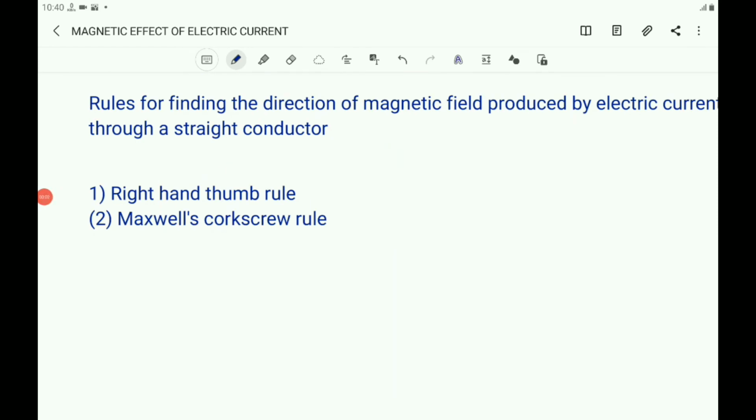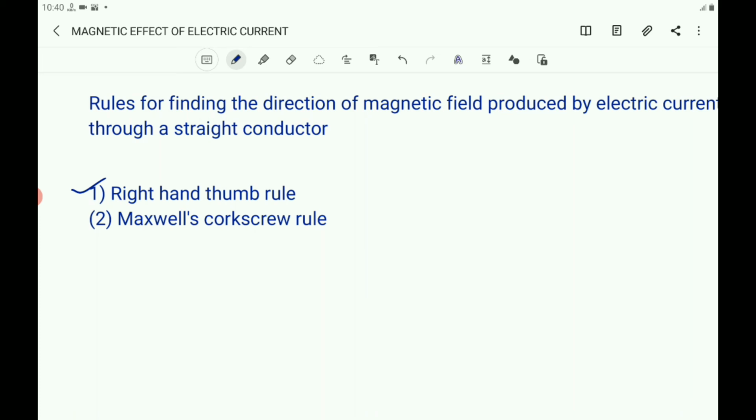So the rules for finding the direction of magnetic field produced by electric current through a straight conductor. There are two rules. One is the right hand thumb rule, and the second one is Maxwell's corkscrew rule.